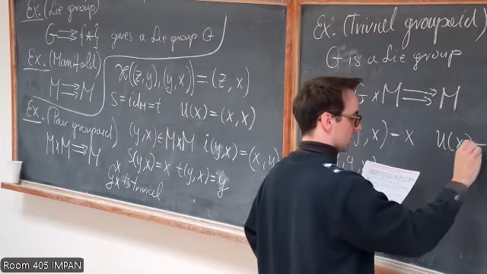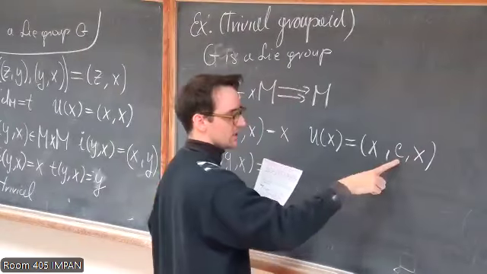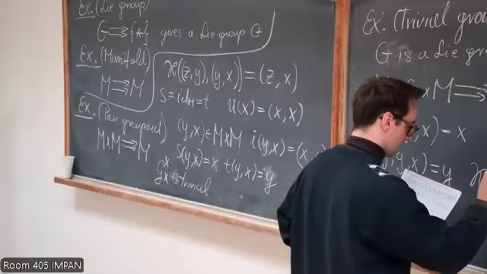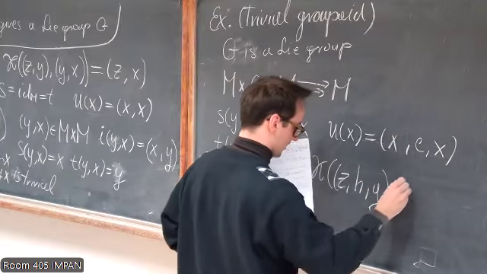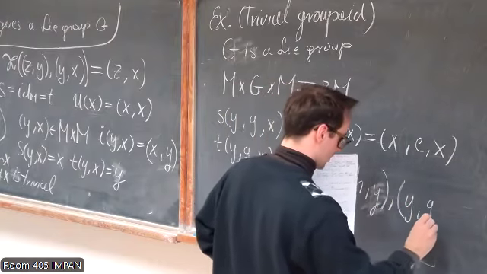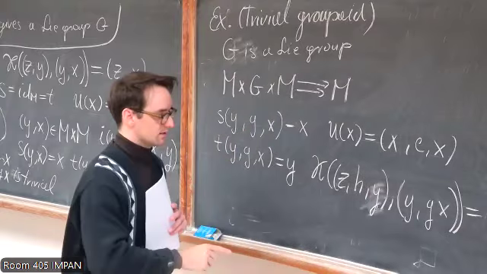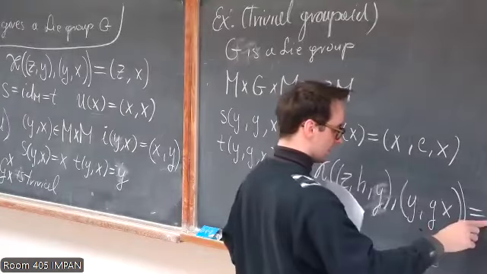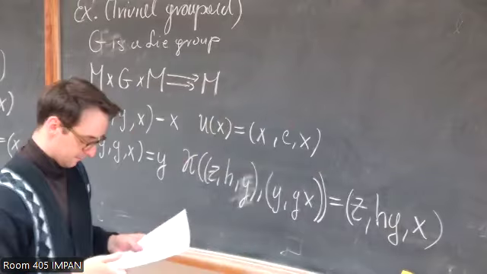The unit is (x, e, x), where e is the neutral element in the group, and the composition: the source of this is equal to the target of this, so we can compose it, and this is (z, gh, x).